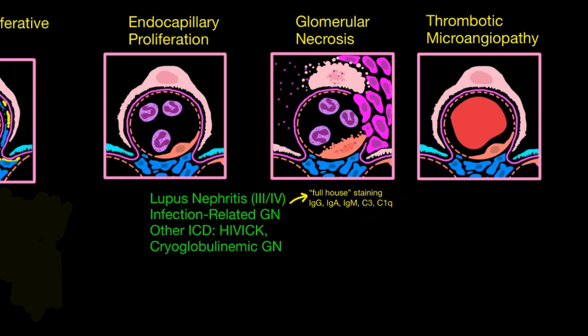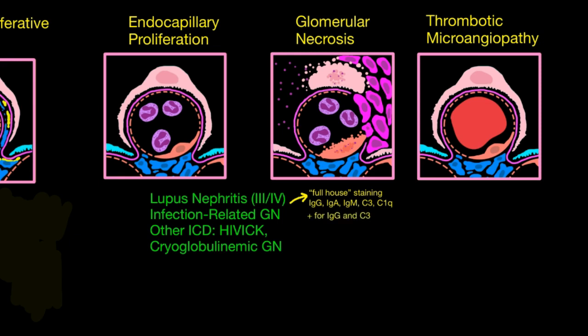So next, there's an entity called infection-related GN. And so I think we're using this term more often to describe the post-infectious GN, because we also see this entity while there's an active infection. So I like the term infection-related GN to describe the post-infectious and the active infectious GNs. And so in this process, you see endocapillary proliferation and maybe even crescents.